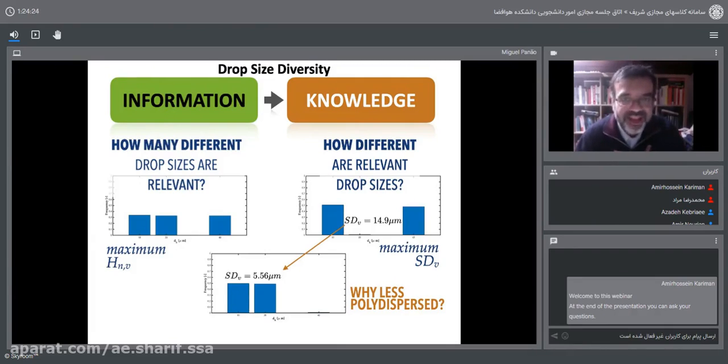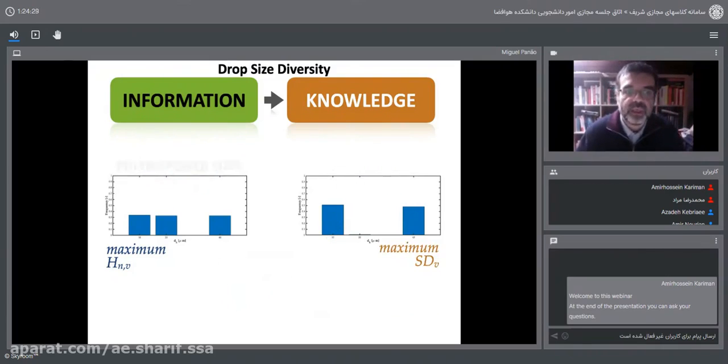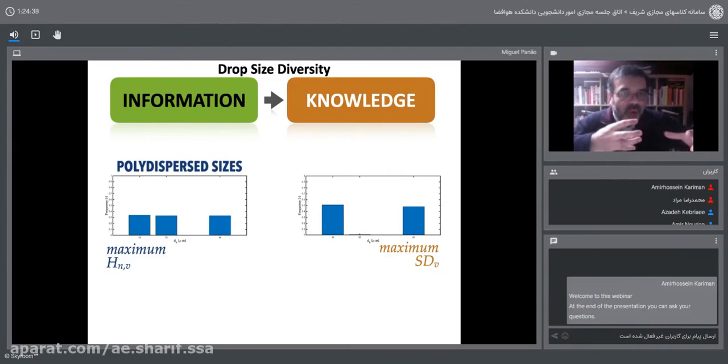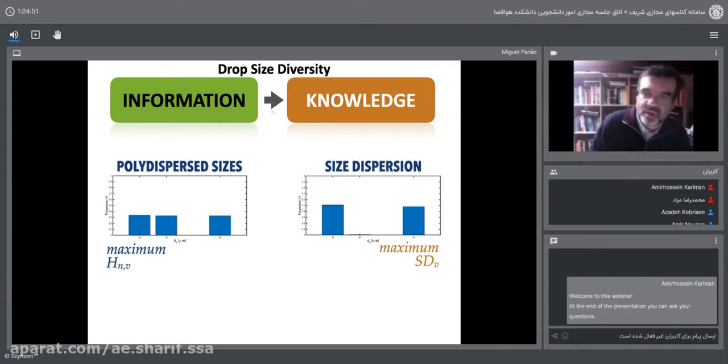So in drop size diversity, the normalized Shannon entropy has to do with the polydispersed sizes. Poly means many. So it's a parameter that quantifies how many different sizes are relevant in my spray. And the volume-weighted standard deviation quantifies a different thing, the size dispersion, which is how far apart, how different are the relevant sizes in the spray.